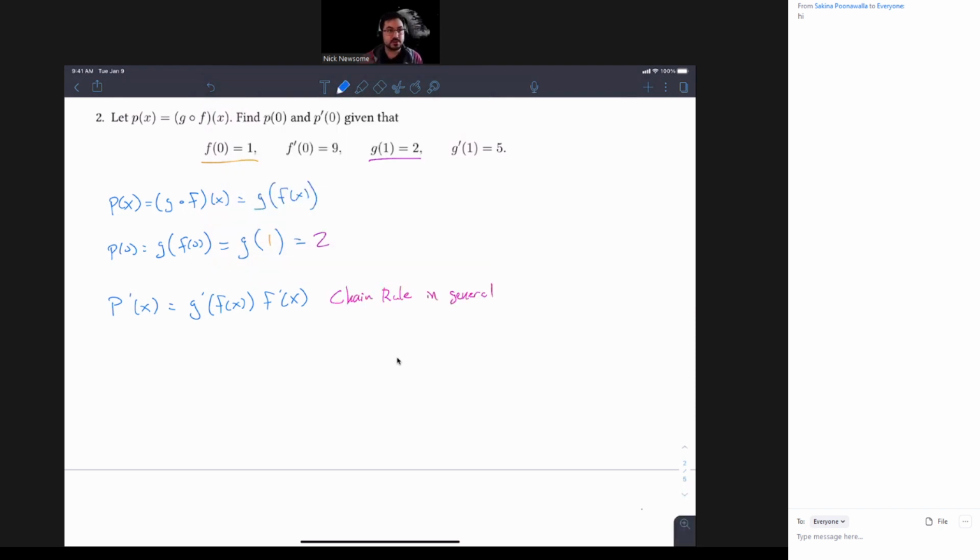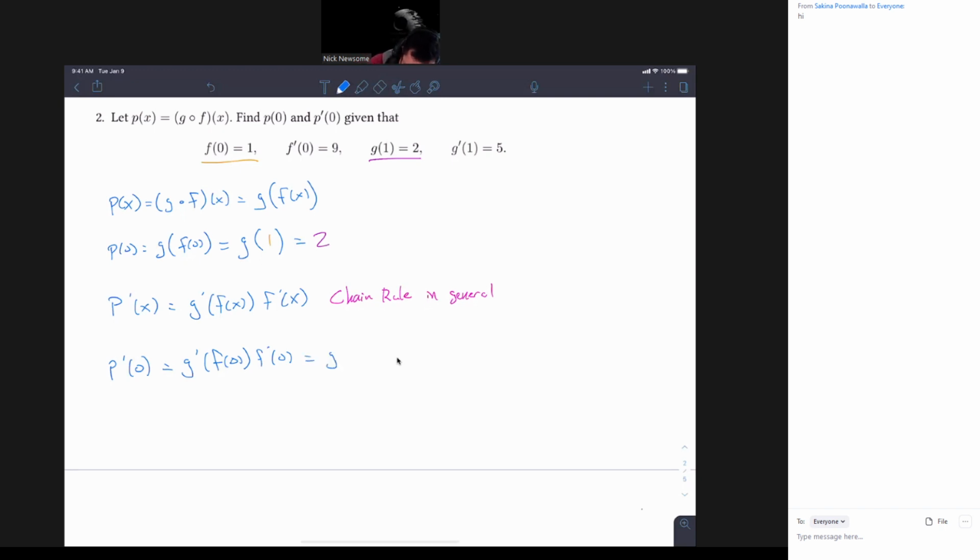Now I just need to know all these other values. So I plug in 0, and when I plug in 0 for x, I plug it in everywhere I see an x. So I need to know what f of 0 is and what f prime of 0 is.